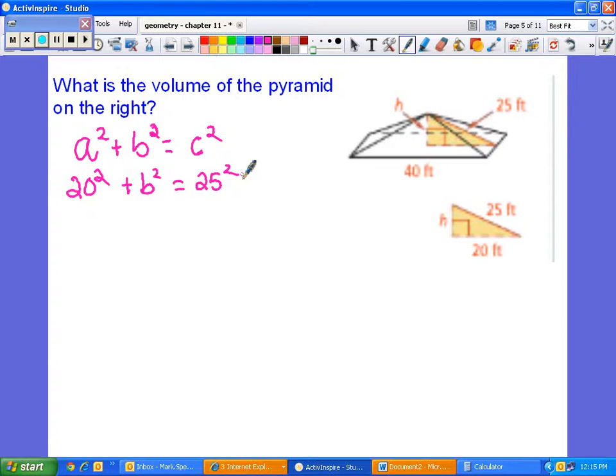Can anybody get this without a calculator? 625. Yes. 20 squared is 400. 25 squared is 625. Subtract 400 from 625 and get 225. So b is the square root of 225, which is 15.